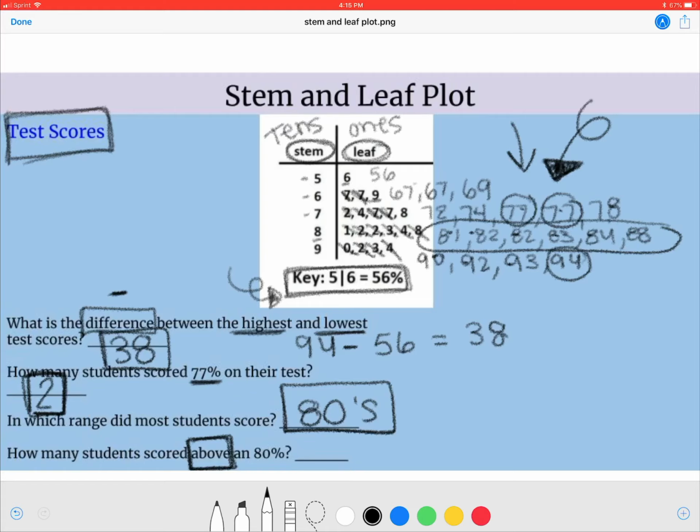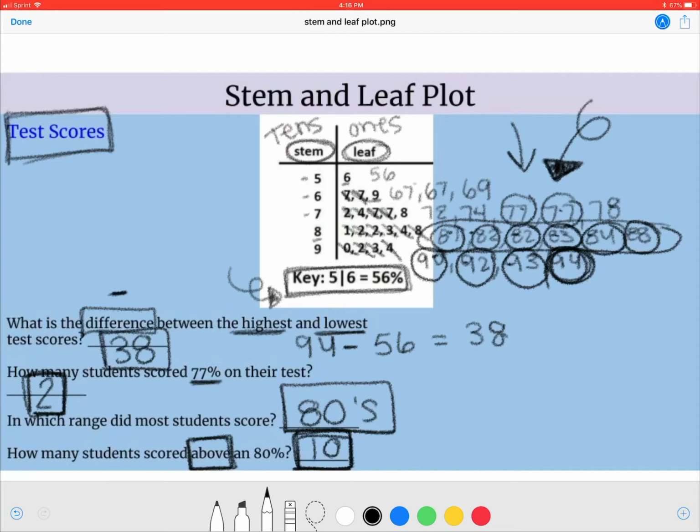Let's count how many scores that we listed here are above an 80. 1, 2, 3, 4, 5, 6. Are 90s higher than 80? Yep. 7, 8, 9, 10. So 10 people made a score that was higher than an 80.